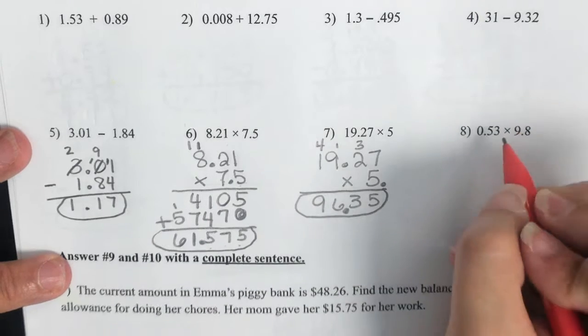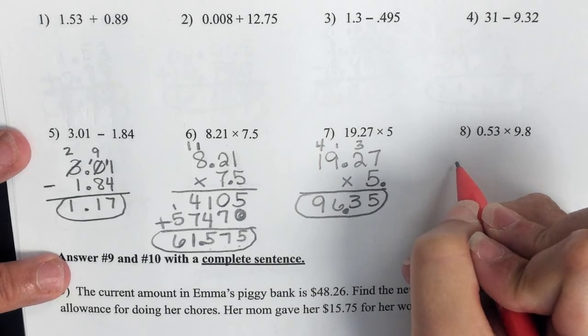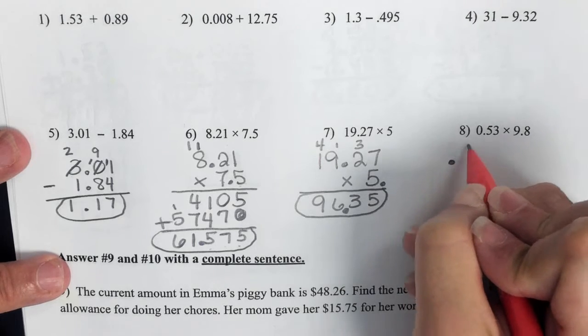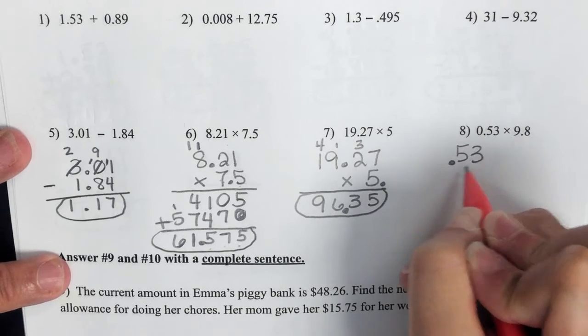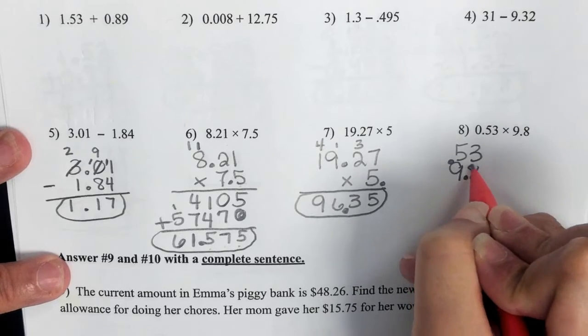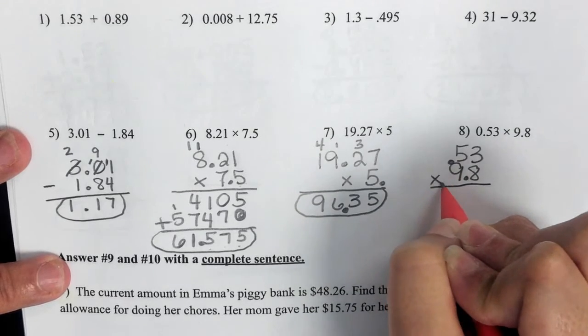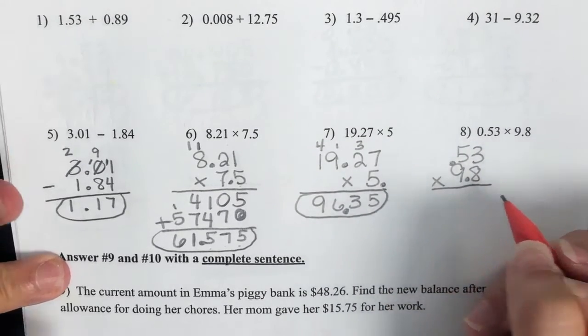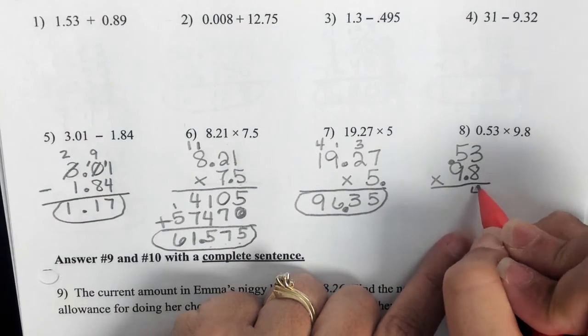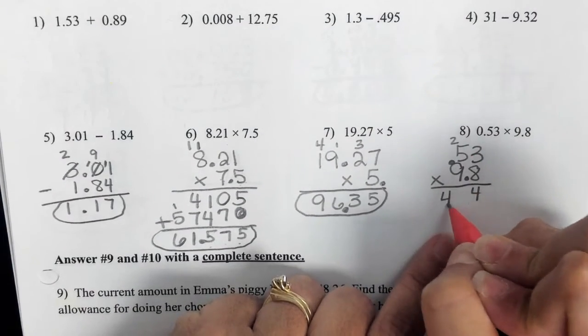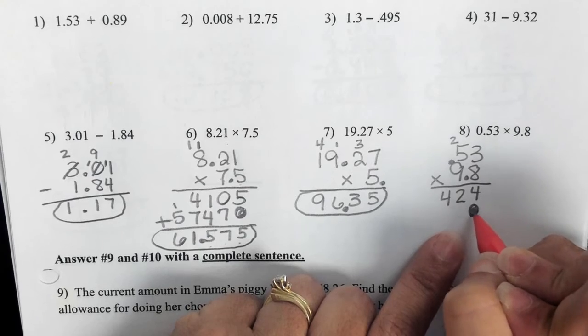Okay. Going on to number 8. I personally would just leave it the way it is and stack it up like that. But if you did the 0, that's fine. All it is, you'll have an extra 0 on the end. Placeholder.